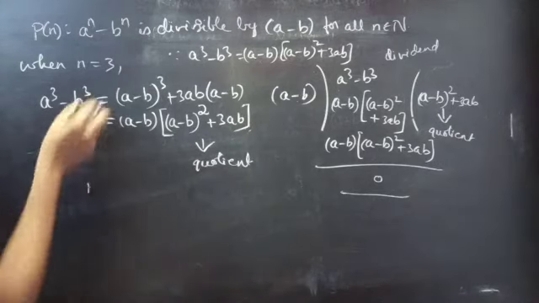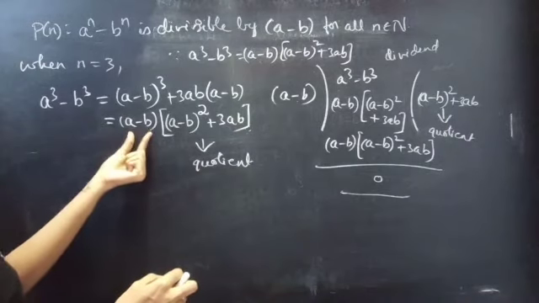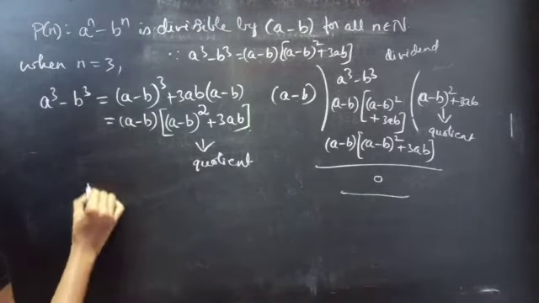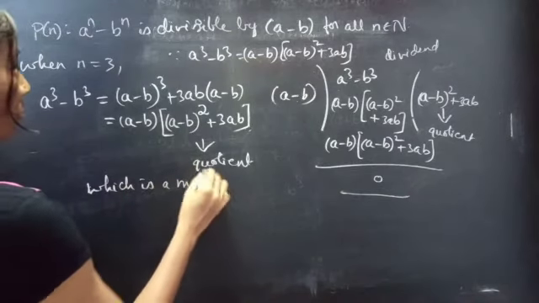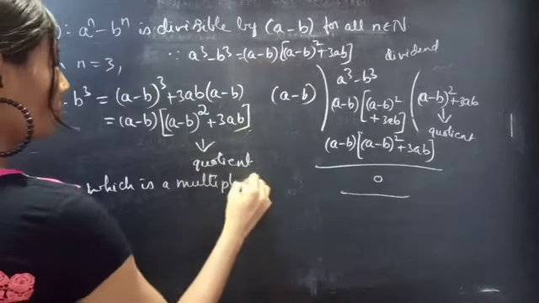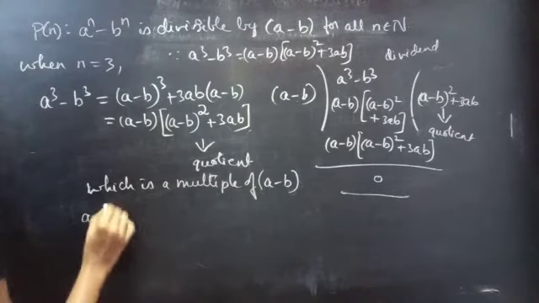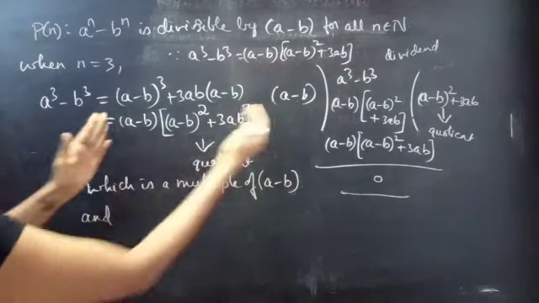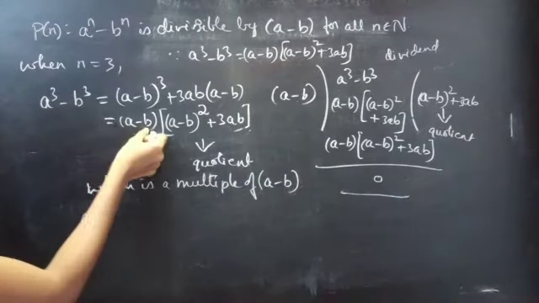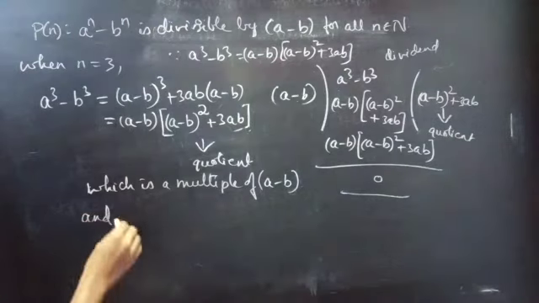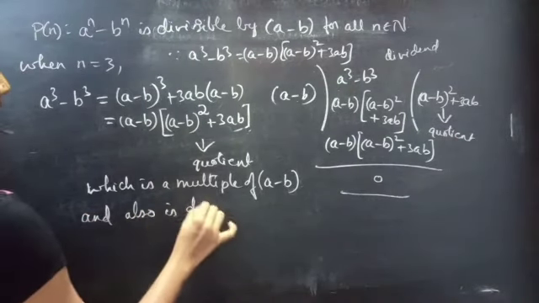A cube minus b cube is a multiple of a minus b. And also this total expression is divisible by a minus b, right? We have checked now.